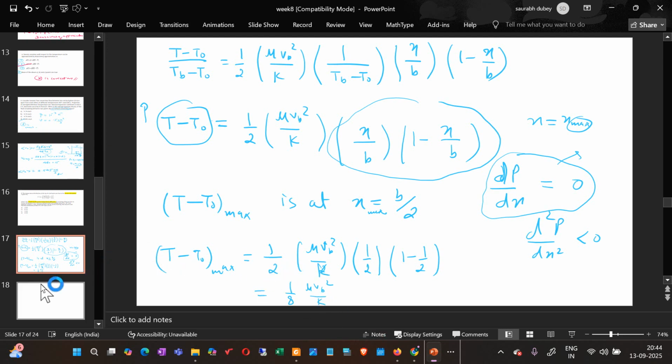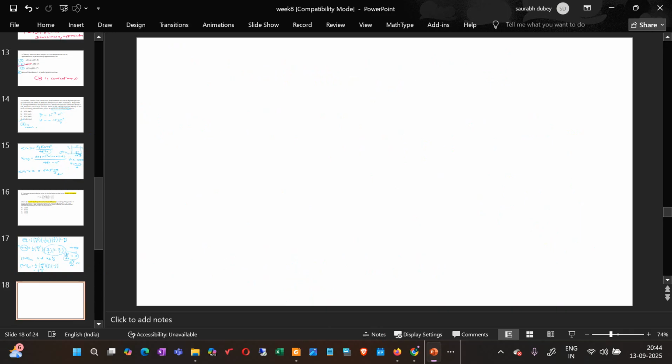So now once you put it here, T minus T0 max equals 1 by 8 mu vb square by k.